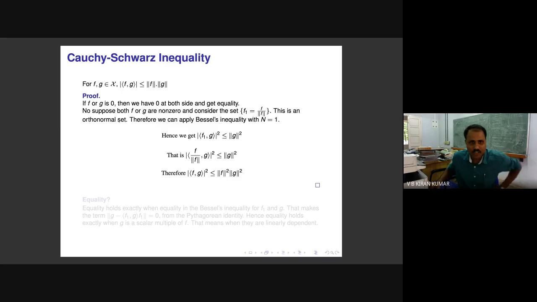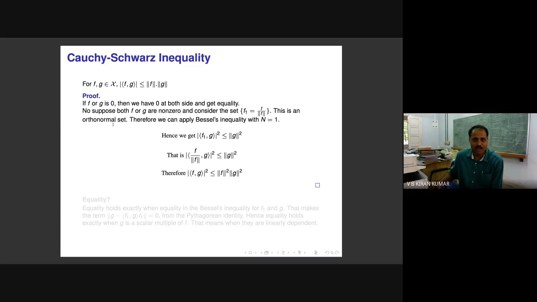Suppose f is non-zero. If f is non-zero, you can consider f by norm f to be f1. Then it is a singleton set which is non-zero and has norm 1. Therefore, it is orthonormal by definition. An orthonormal set just needs the inner product to be 0 whenever you have two distinct elements. Here you have only one of norm 1. So that is an orthonormal set.